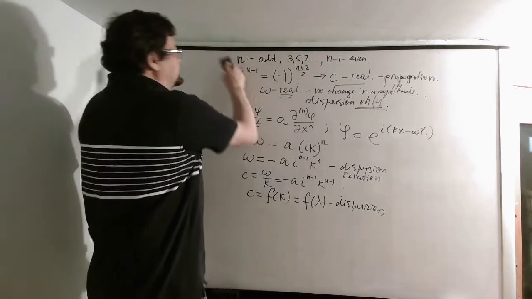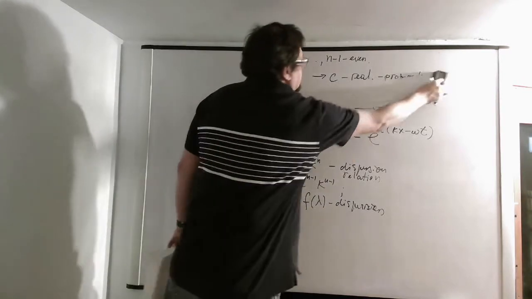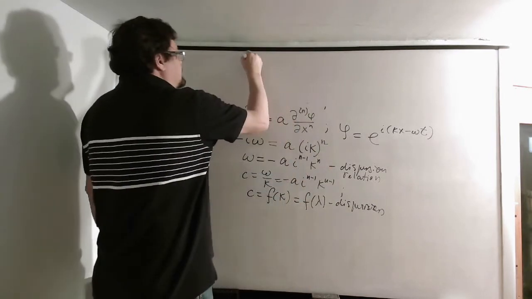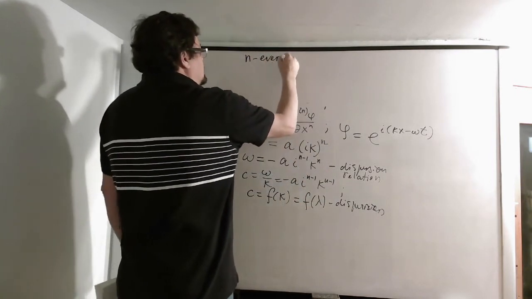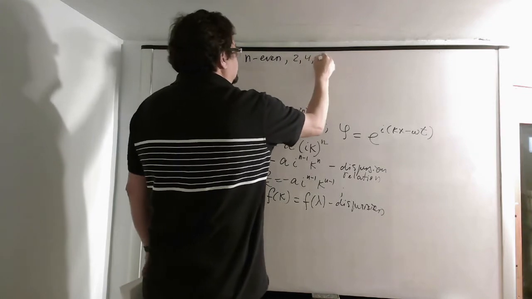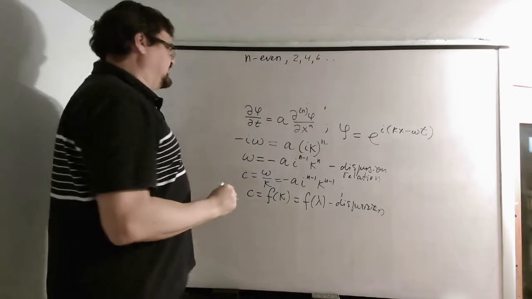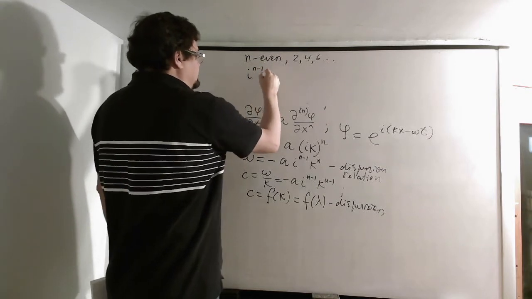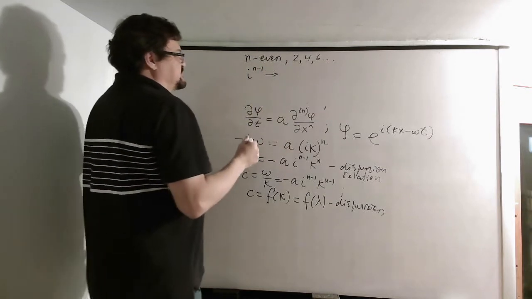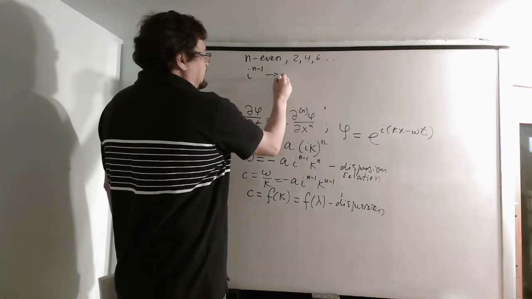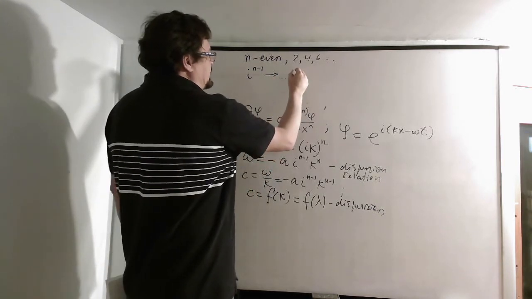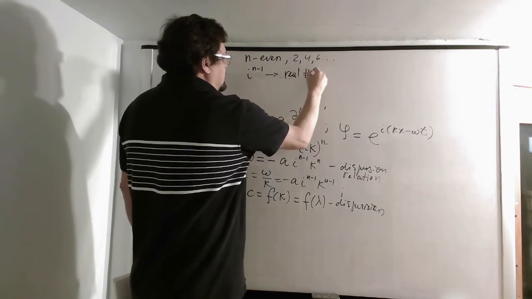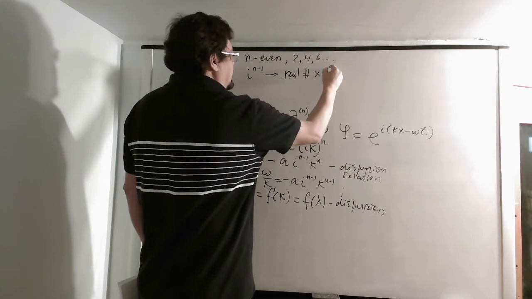Now let's consider another case, when n is even, like 2, 4, 6, and so on. In that case, i to the power n minus 1 equals some sign times some real number times i.